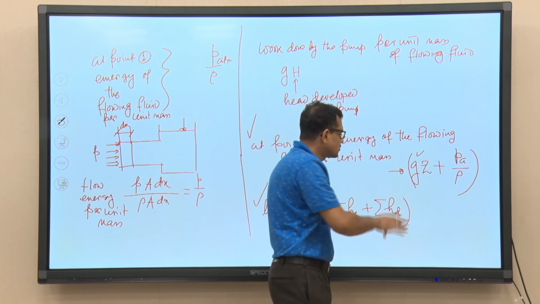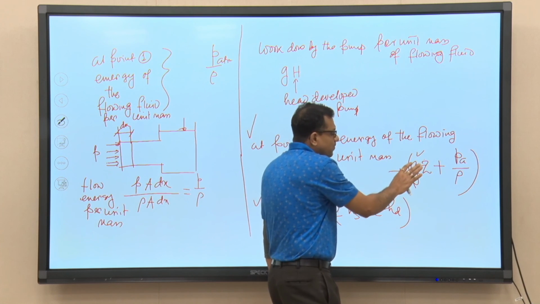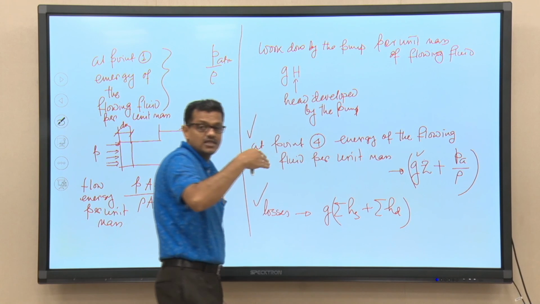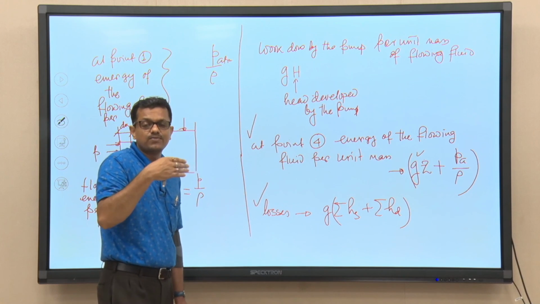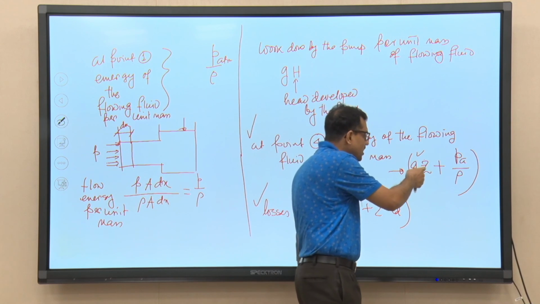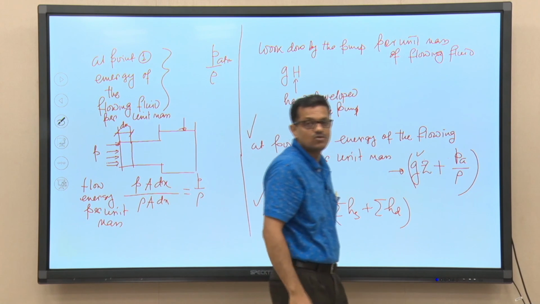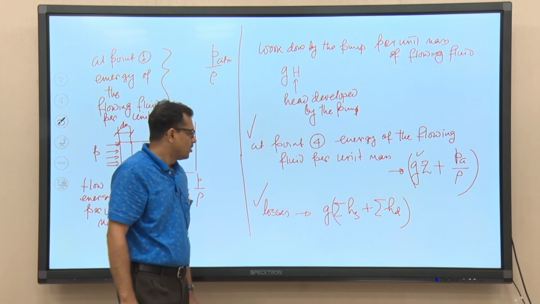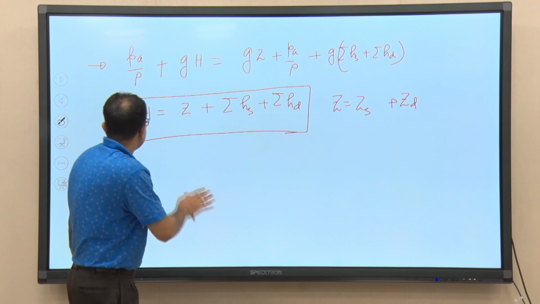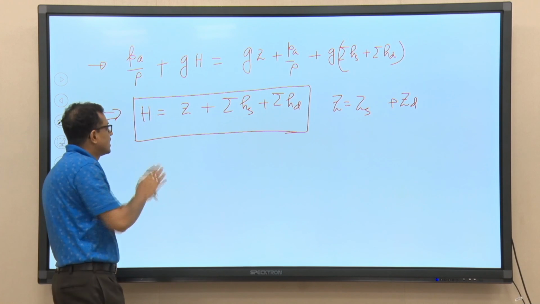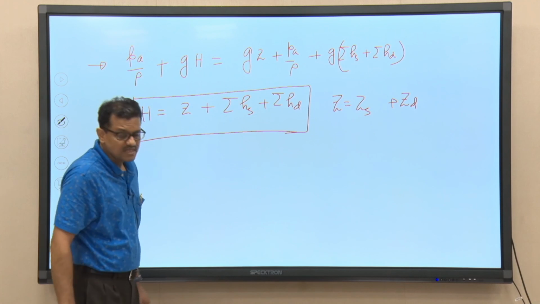So, energy at point 4 is nothing but the Gz, that is the energy required if we supply liquid from point 1 to point 4, which is the stored energy of the fluid at point 4, plus this is the flow energy, the energy required of the flowing fluid per unit mass.